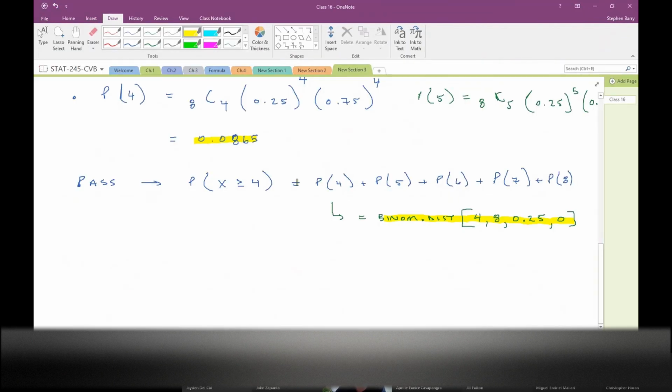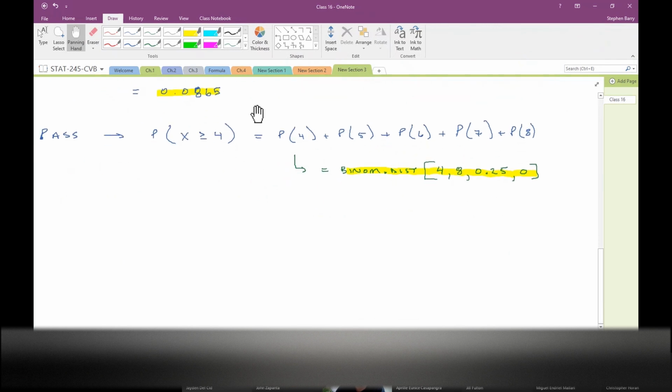So here's the logic that I'll be using, and hopefully this makes sense to everybody. If the probability of a pass is greater or equal to 4, you can also think of this as 1 minus the probability that x is less than or equal to 3.